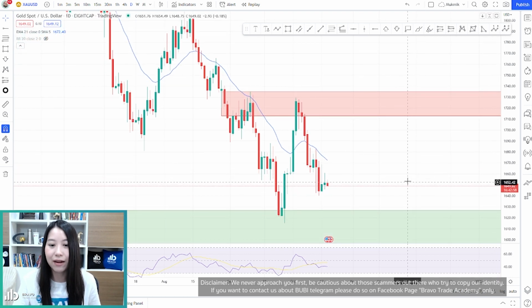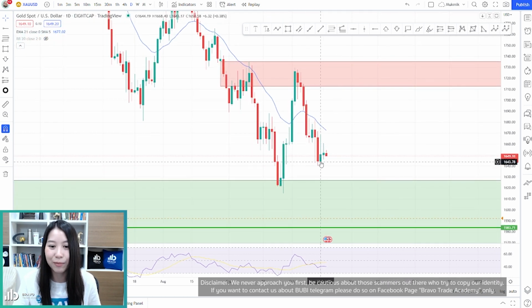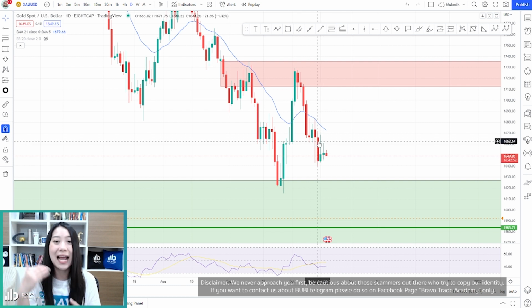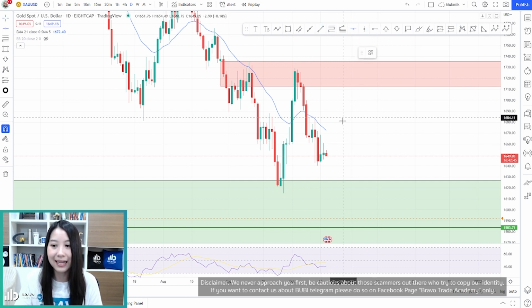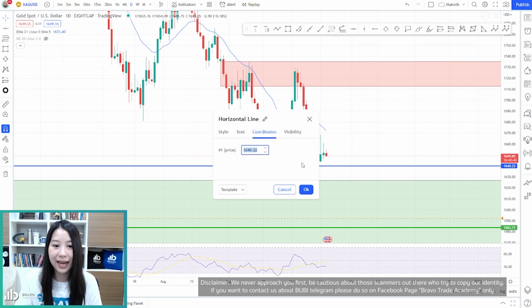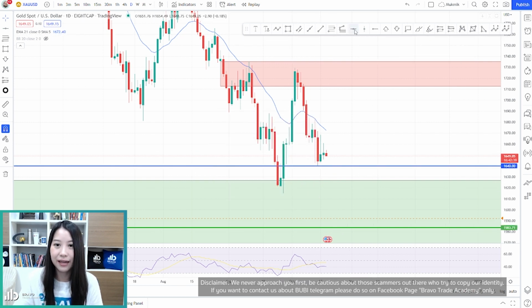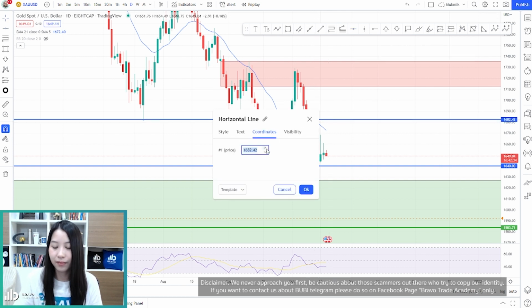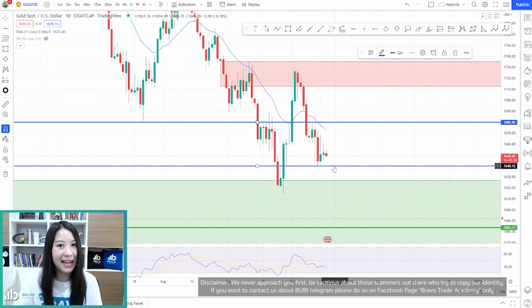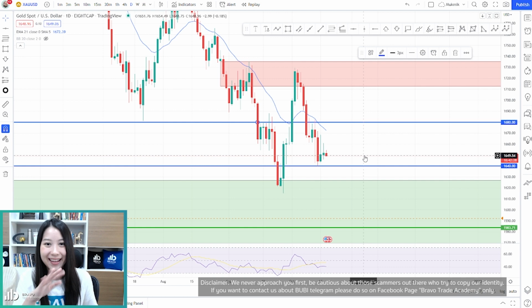In the daily time frame, you can see that yesterday the price was sideways between the support and the resistance that I gave you yesterday. The support we had yesterday was at around 1640, and the resistance was at around 1680. The price did not go anywhere and it's still in this range.